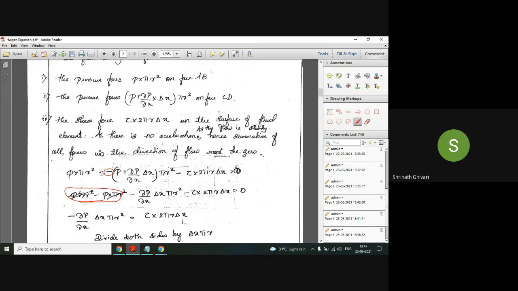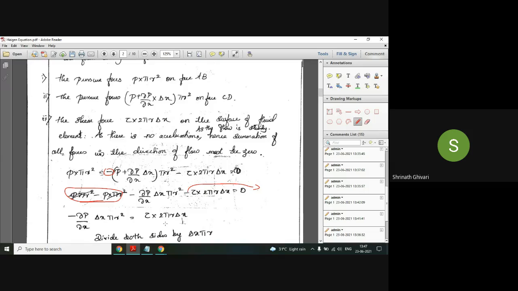So as we can see, we have got an equation. I'll take this whole term here. Minus ∂P/∂x delta x into pi r square equals tau into 2 pi r delta x. Divide both sides by delta x pi r, because that is common.